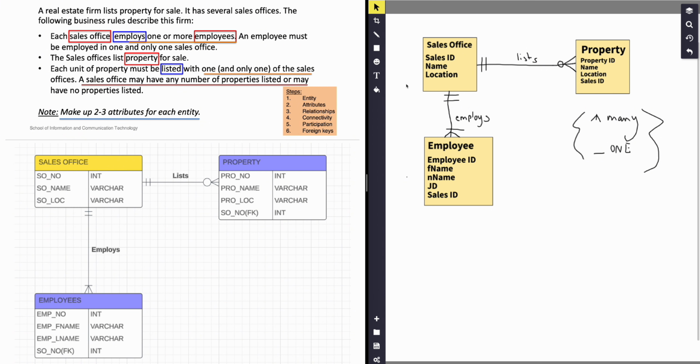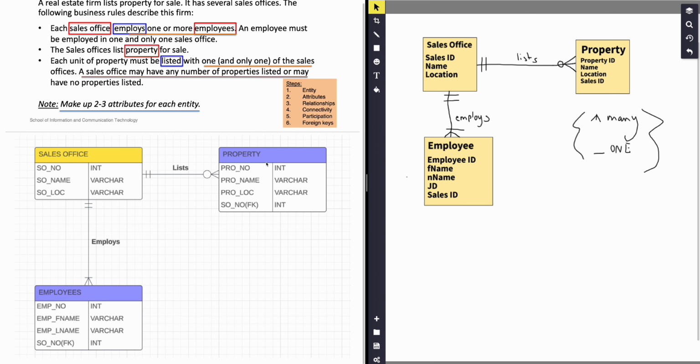So this is our answer that we have here, and this is the answer that you'll see if you're at university or something like that. This is what they'll expect you to do when you're doing your entity relationship diagrams. So I expect you to have the particular attributes here, and then the types for each.